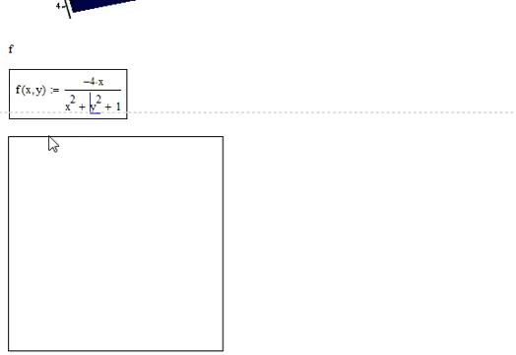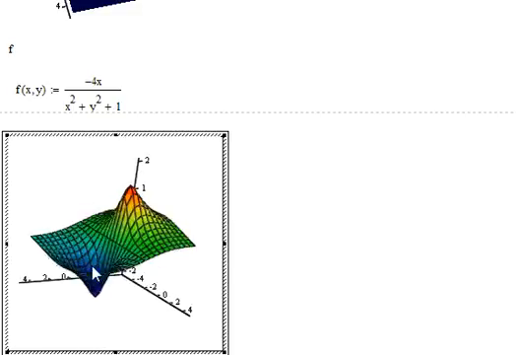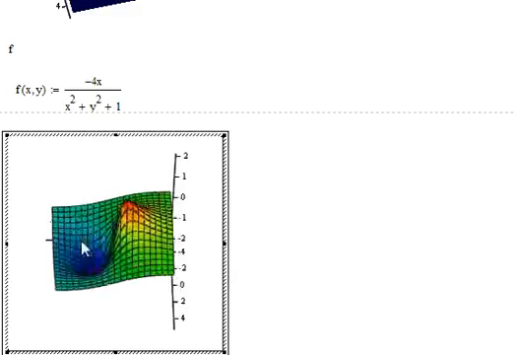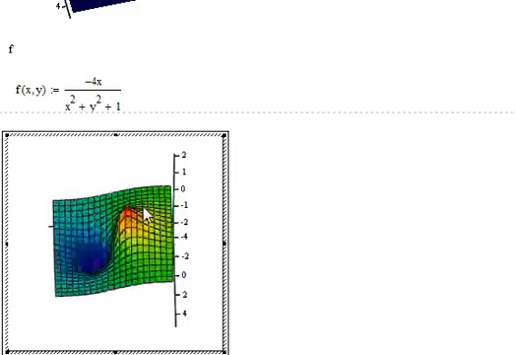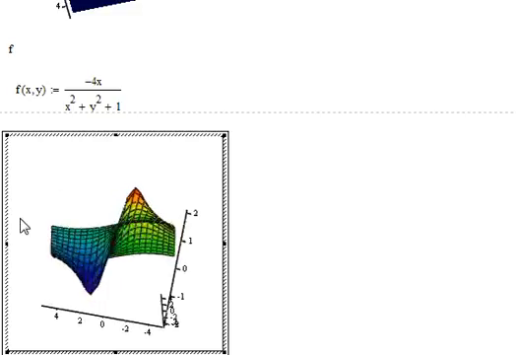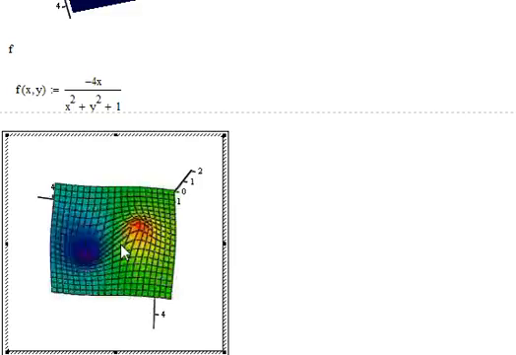Here's another one, f of x, y equals negative 4x over x squared plus y squared plus 1. And what does that look like? Well, this is an interesting thing. I guess when x is a negative number, then this f is positive, and so it goes up to maybe a peak at pretty close to 2, maybe when x is negative 1 and when y is 0.